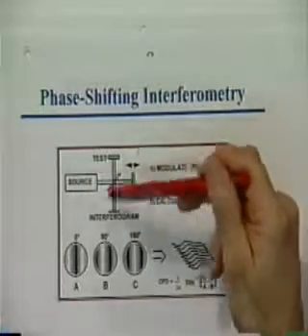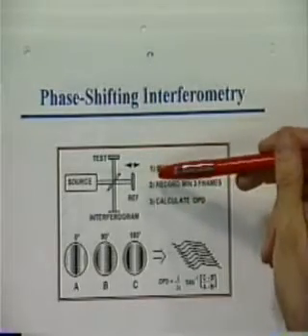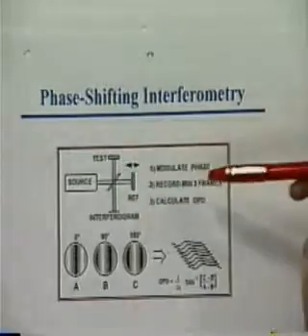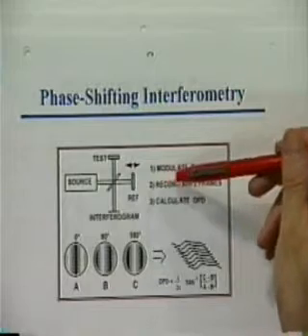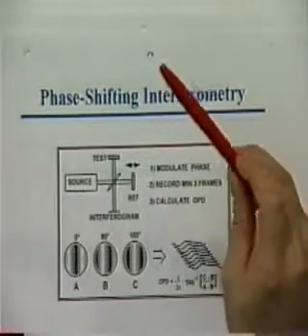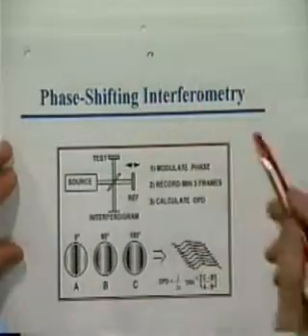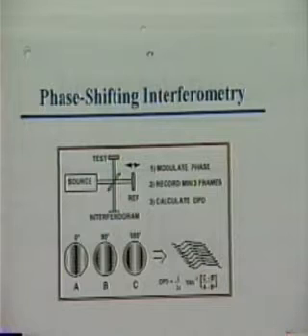So it takes longer to take data this way if you're stepping than it does if you're ramping it, moving along at a constant rate. So you get the mirror moving, and then you begin taking data as it moves along. The electronics might be a little more difficult, but the fact that you can take the data faster makes it the preferred way. So any questions? Difference between phase stepping and phase shifting?